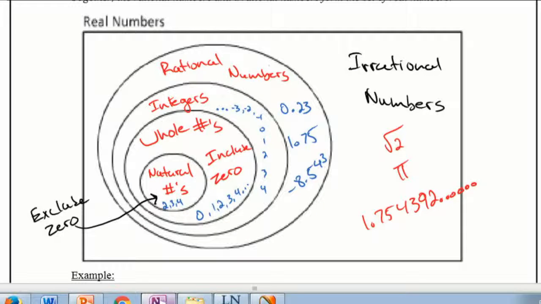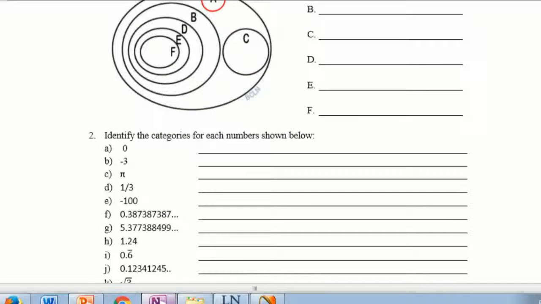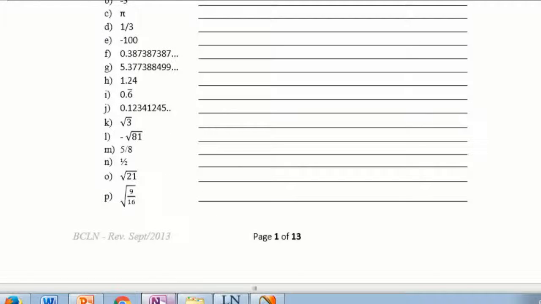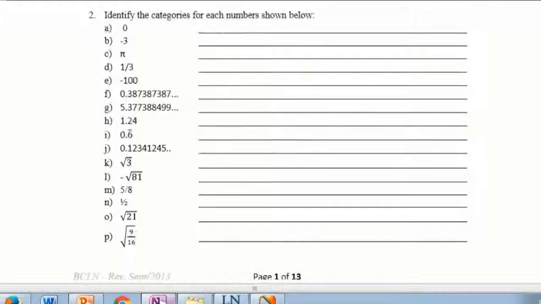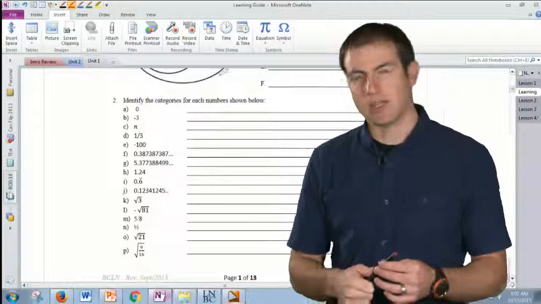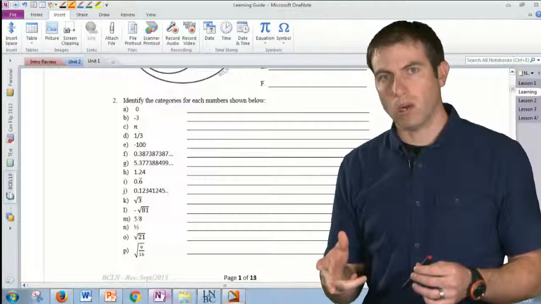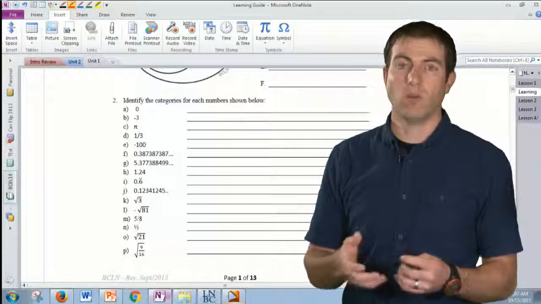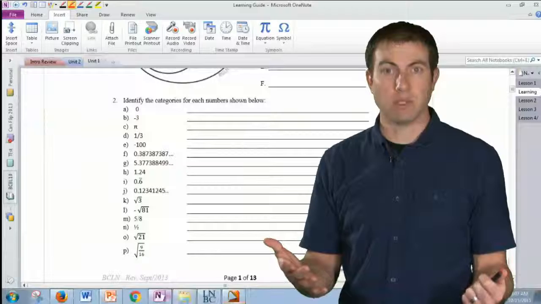So if we go back to the learning guide, we see that we have a number like 0, and we need to identify where 0 fits into the number system. As I was explaining when we were going through it in lesson number 1, a number like 0 wasn't one of our natural numbers.